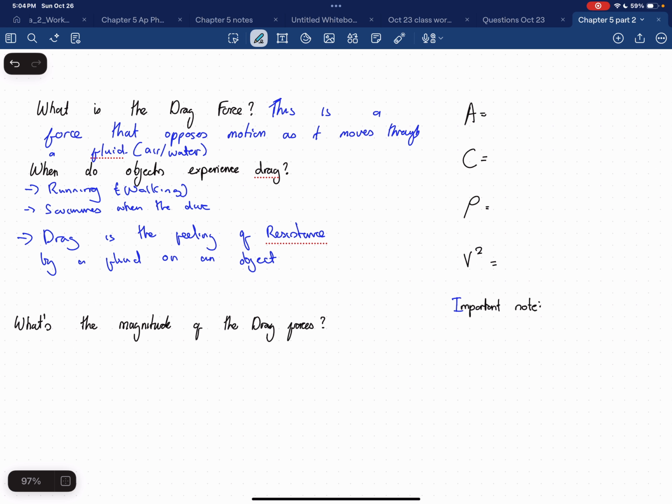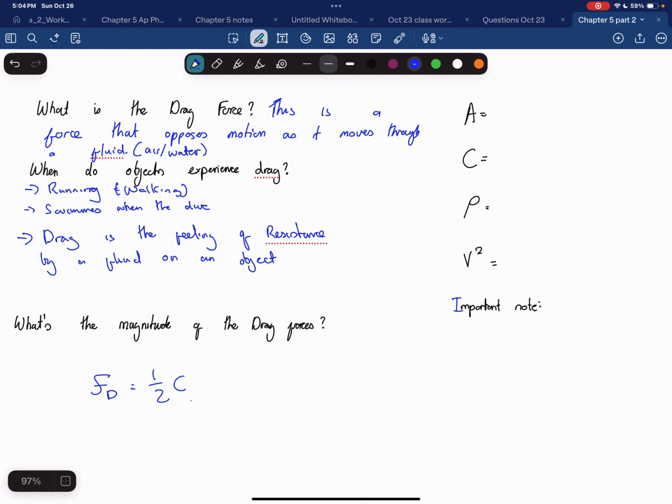All right? F_D is going to be equal to 1/2 C rho A v squared. What's A? A is the cross-sectional area. I'll get into that, don't worry.